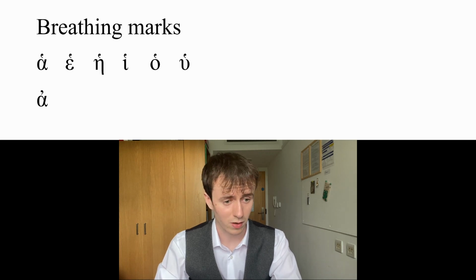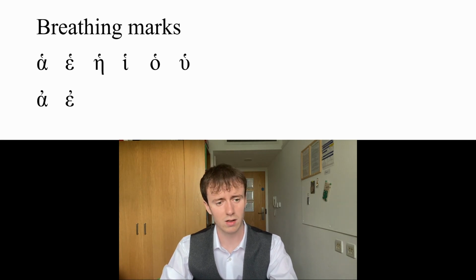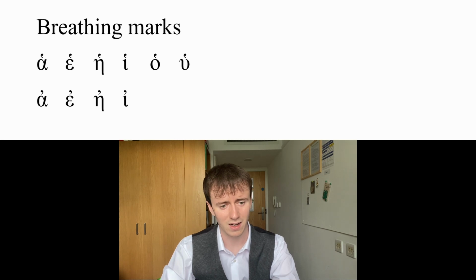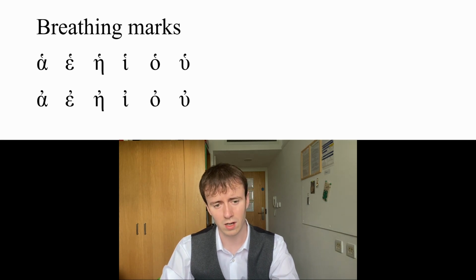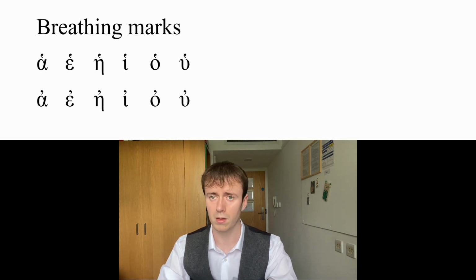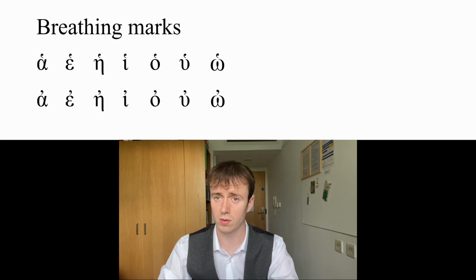And then you've got alpha with a smooth breathing: a, e, i, o, u. I'm just freezing myself to note that omega with a rough breathing would be pronounced "hor", and omega with a smooth breathing would be pronounced "or". Straightforward, right? Rough breathing, add an H sound before it.